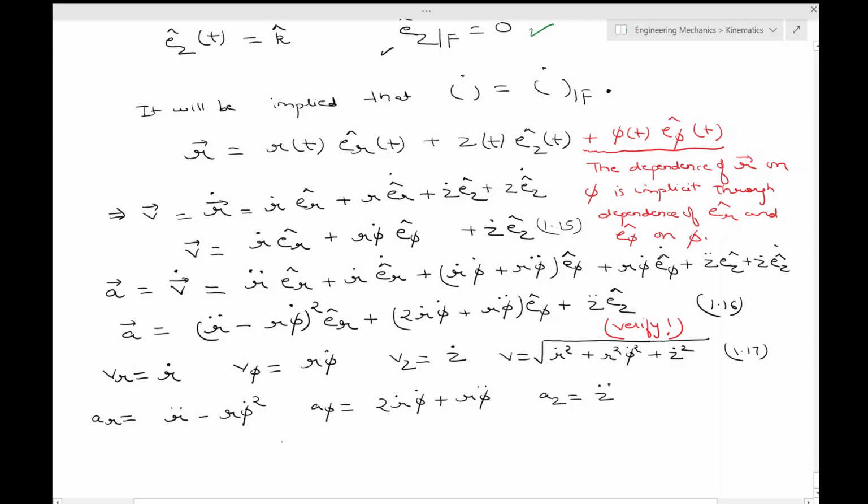And the magnitude of A would be Ar whole square plus A phi whole square plus Az whole square. This is equation 1.18. So we are just being lazy over here, not writing the terms actually in this, but I hope you can easily write it.